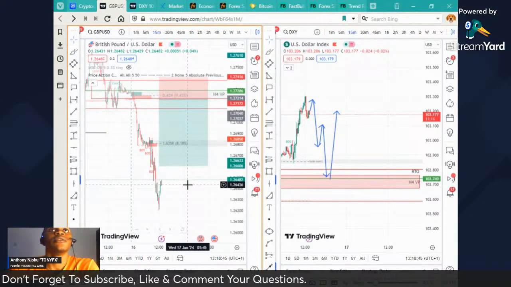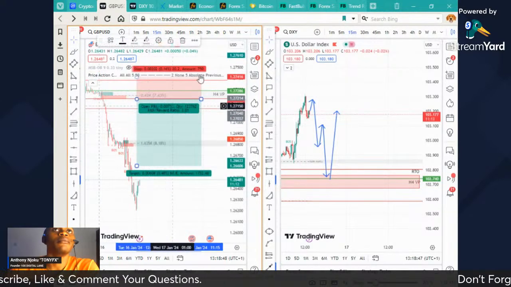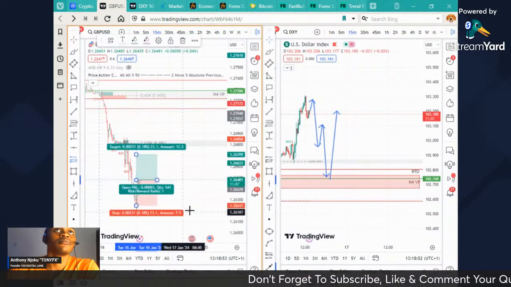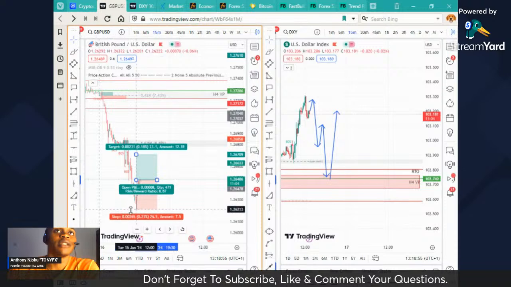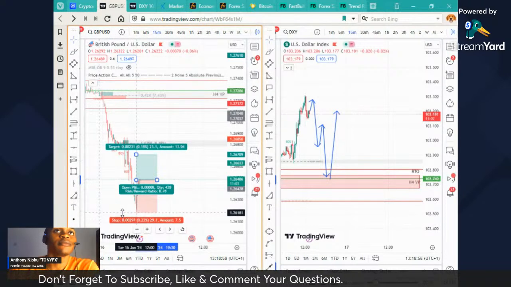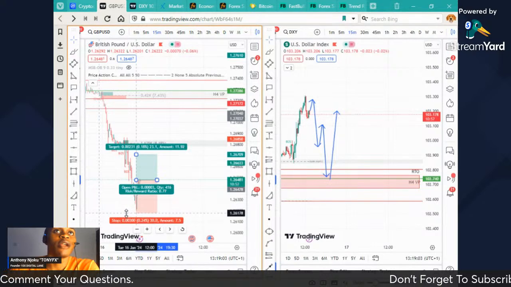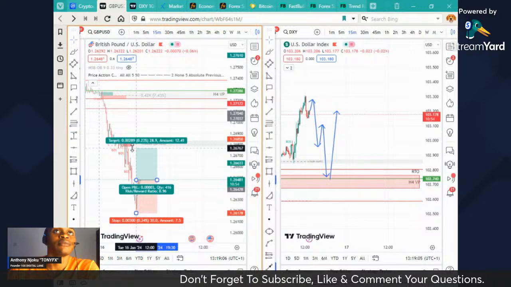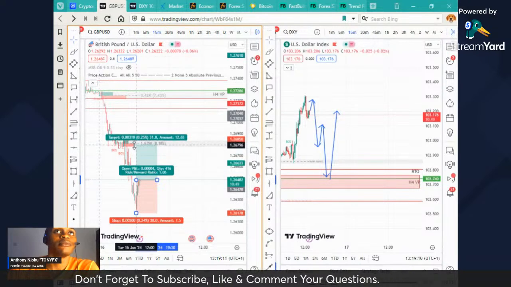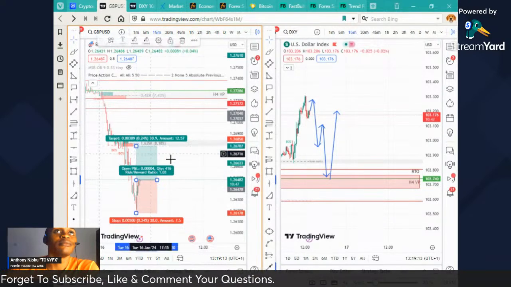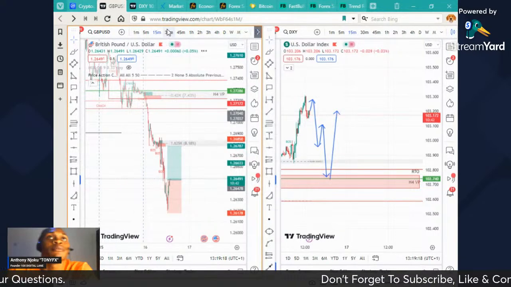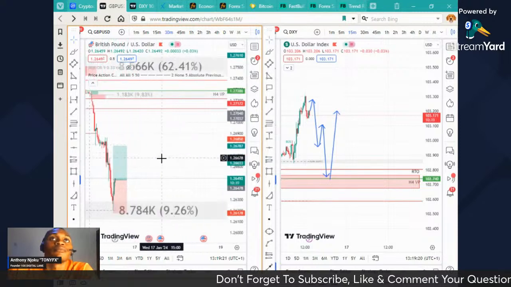Okay, so based on what I see, this trade is about 29-30 pips, 1:1. This is for scalp trade, 1:1.